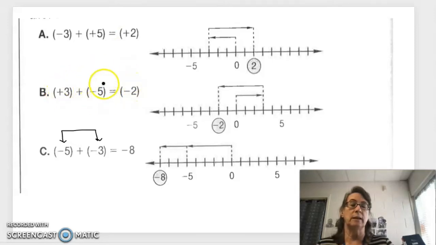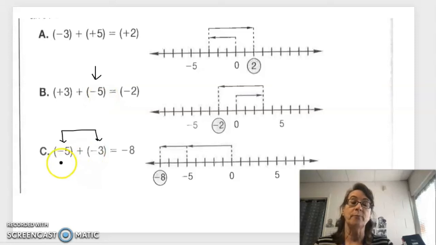But on this one, because the 5, which was the greater absolute value, had a negative sign, this is going to have a negative sign because the greater absolute value number pulls harder into its zone. Okay, so the negative pulls it to the left, the positive pulls it to the right. This guy's stronger.